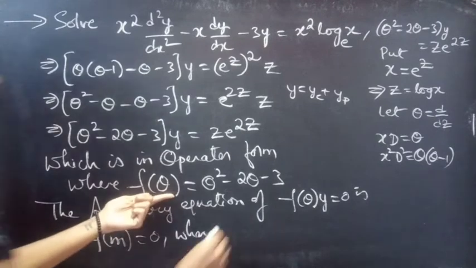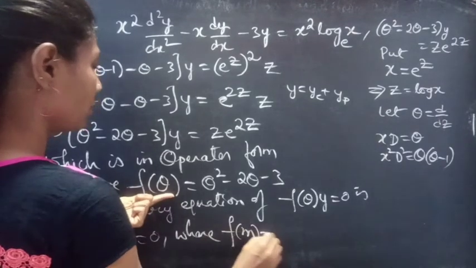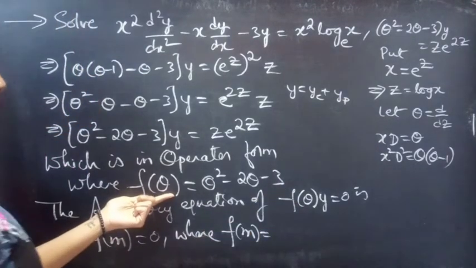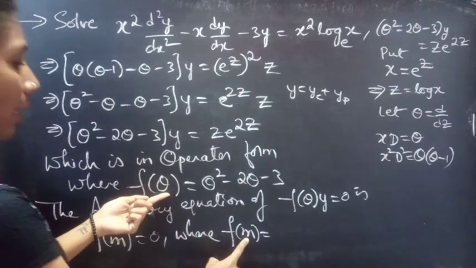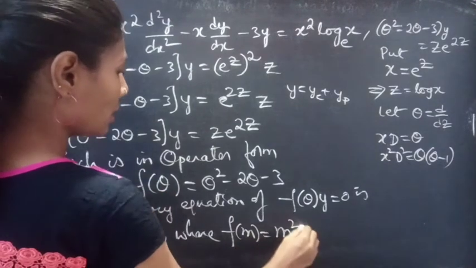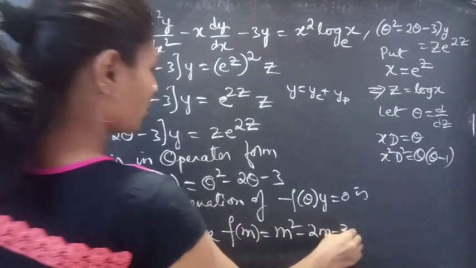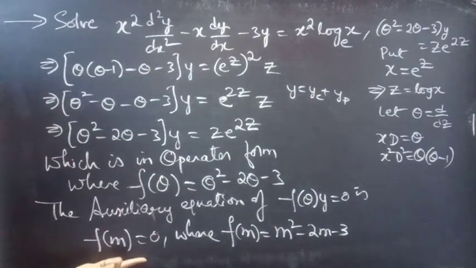We have f of theta, theta square minus 2 theta minus 3. Let's replace theta differential operator by m, so that we'll get f of m equals to m square minus 2m minus 3.